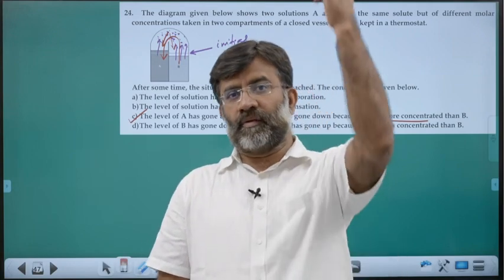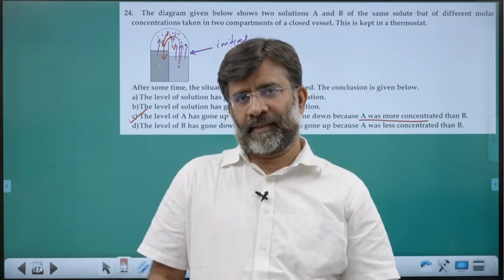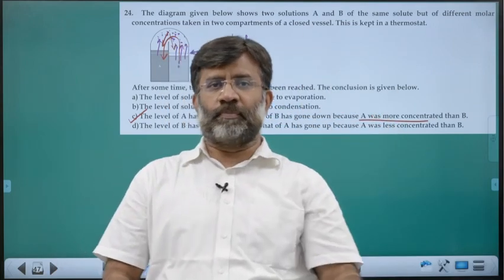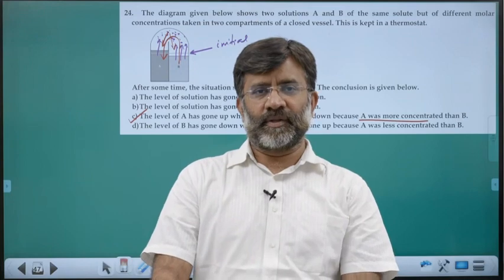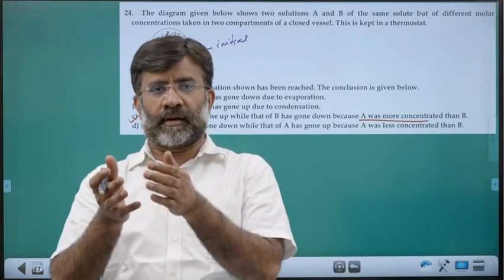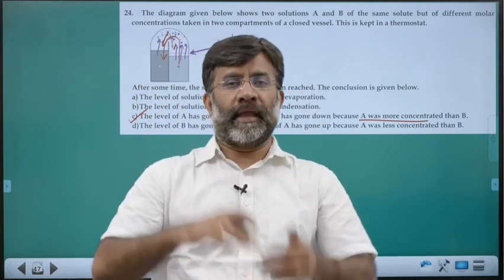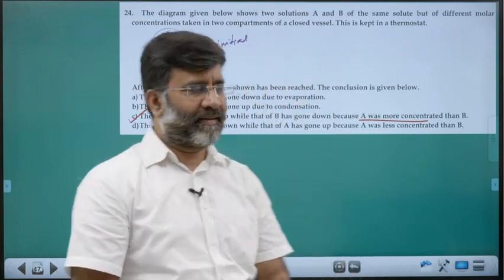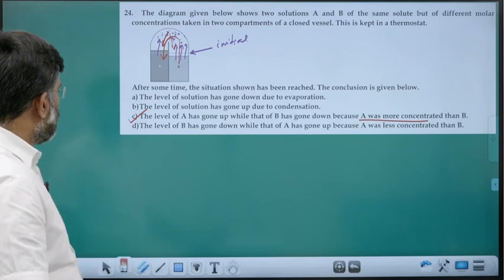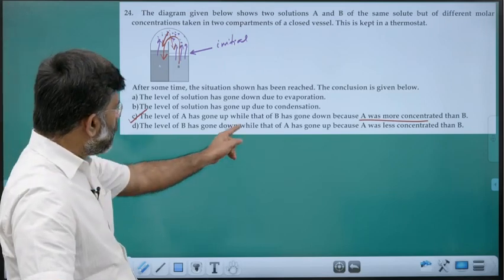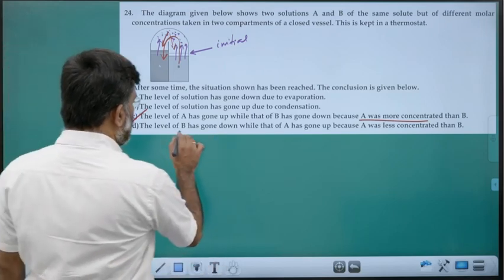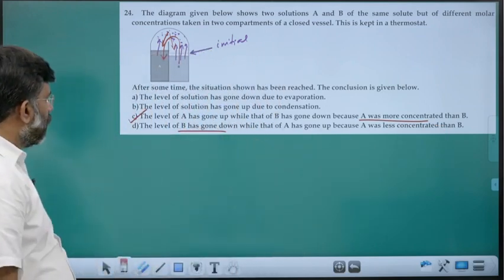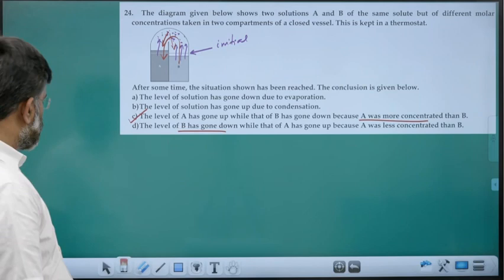It would be evaporating more, and that evaporated matter would ultimately transfer to B. So there will be a net transfer of matter from A to B. A will come down, B will go up. What was commented? The level of B has gone down. That is wrong. If this is correct, this is wrong. So option D is wrong. Option C is the correct statement.